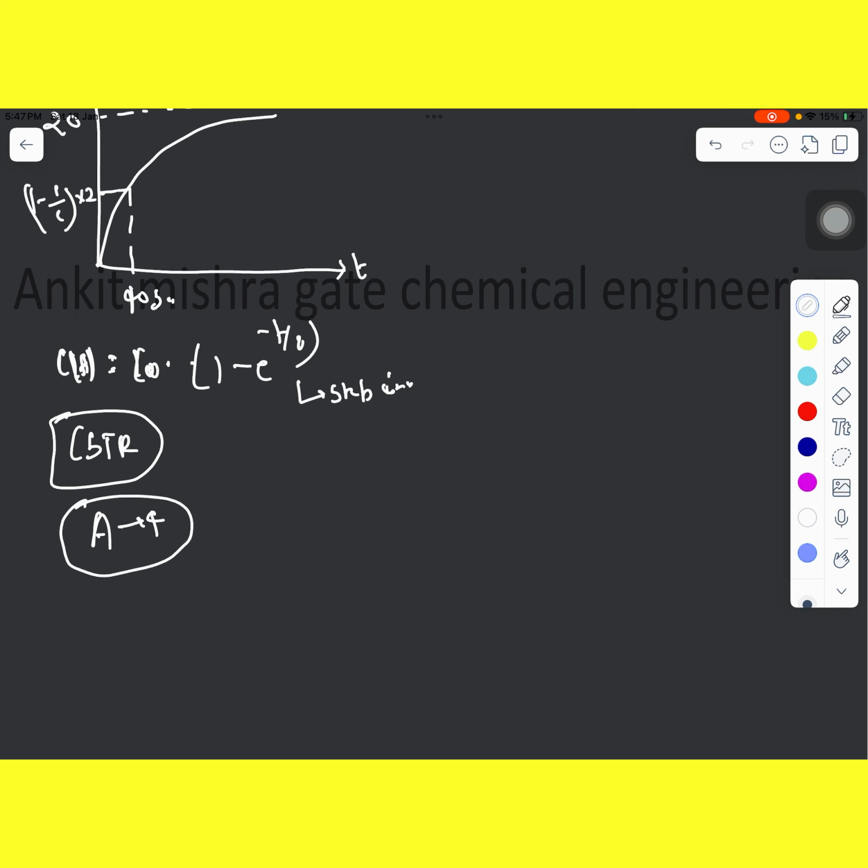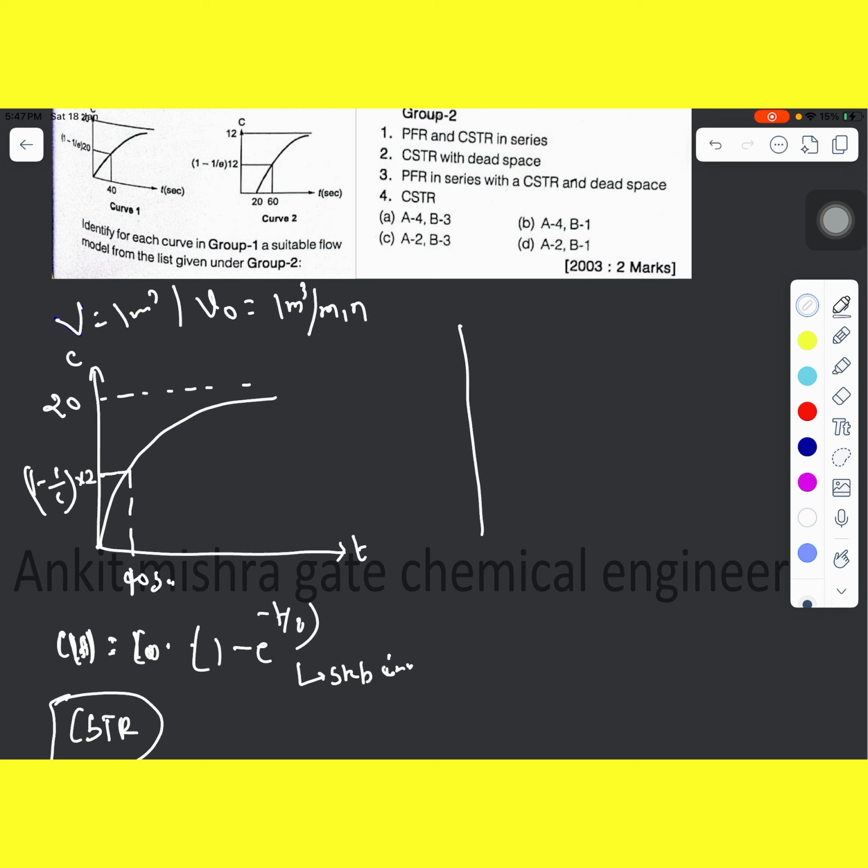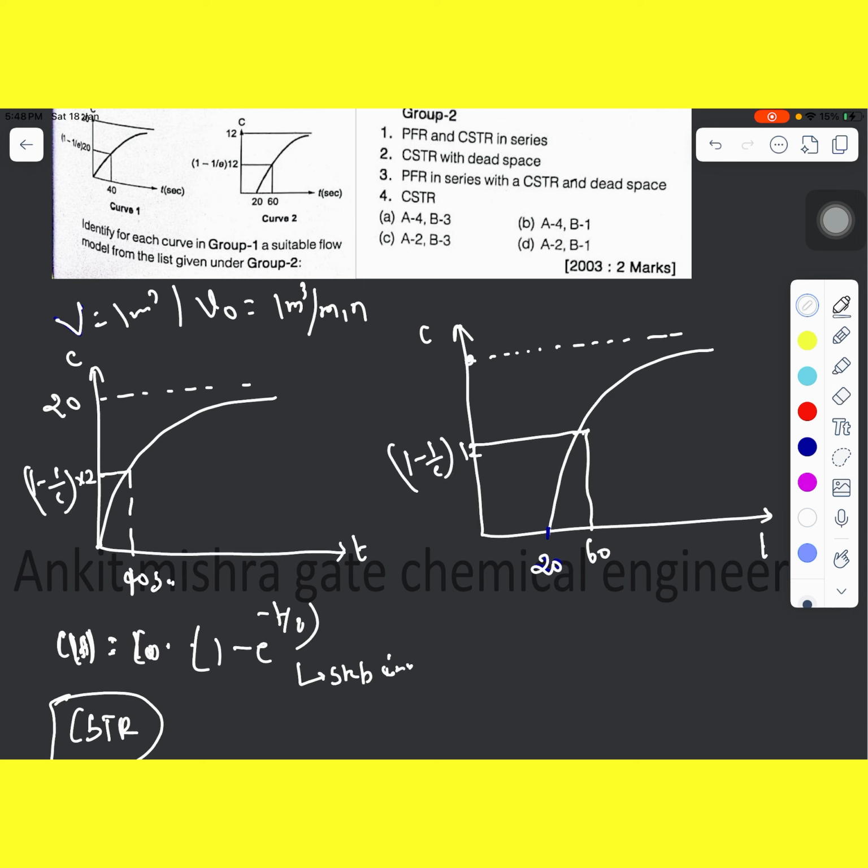Now moving towards the second one. The second curve shows like that. This is the concentration and this is the time. So it is going like that. And again this time is 20, and at t equals 60 seconds, the concentration is given as 1 minus 1 by e into 12. This one is 12. Whenever we see this particular maximum value in step input, this is called C naught.